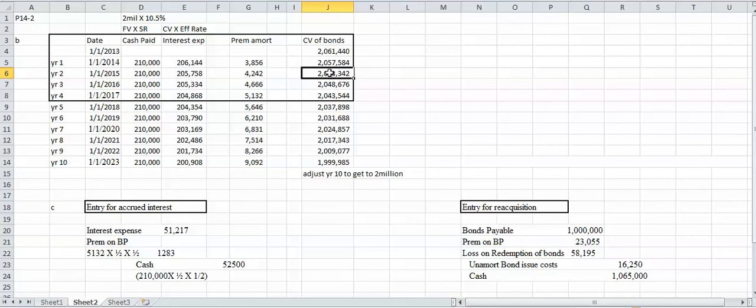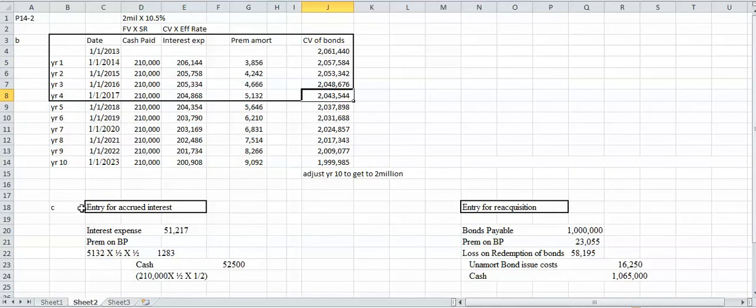So this number is the previous year's carrying value minus the premium amortization for that year, which gives you the new carrying value. Last year minus the premium amortized equals this. And it just keeps going all the way down. You can see how that calculation works. Okay, good.